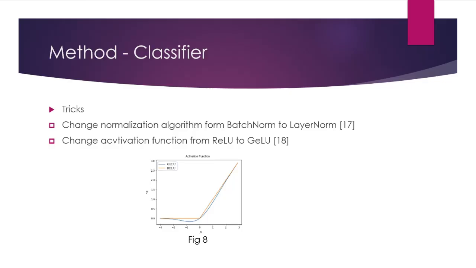Next, I will introduce the relevant tricks of this neural network. We updated the traditional batch norm to layer norm, which realizes normalization by calculating the mean and the variance of each batch of data, so it doesn't depend on the batch size and overcomes the shortcomings of the former.